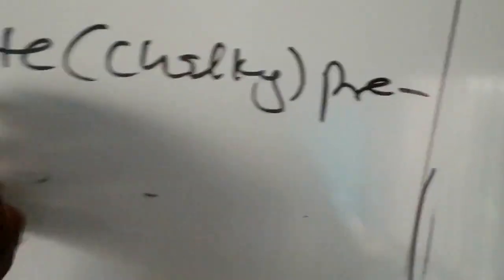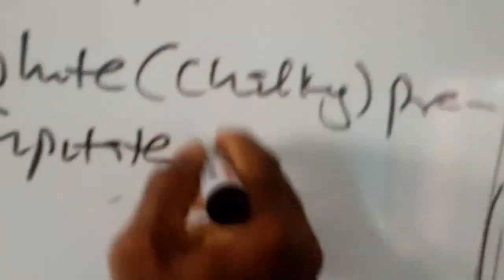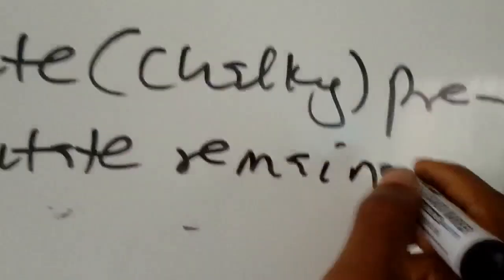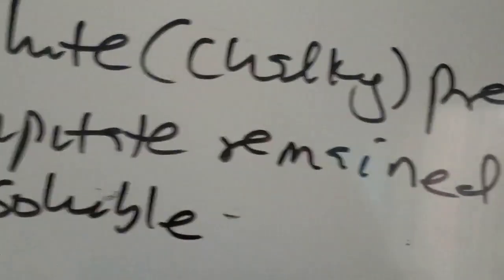So in excess, we say white or chalky precipitate remained insoluble, or did not dissolve. So we now say lead 2 ion again, present or confirmed. That is the test for lead 2 ion in this particular salt sample. So go through our work as we go to the next experiment.